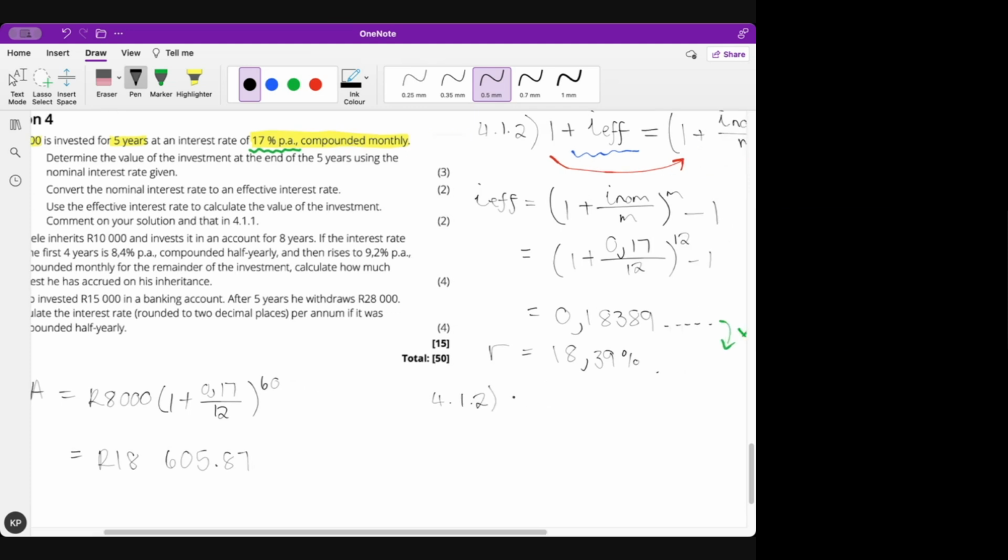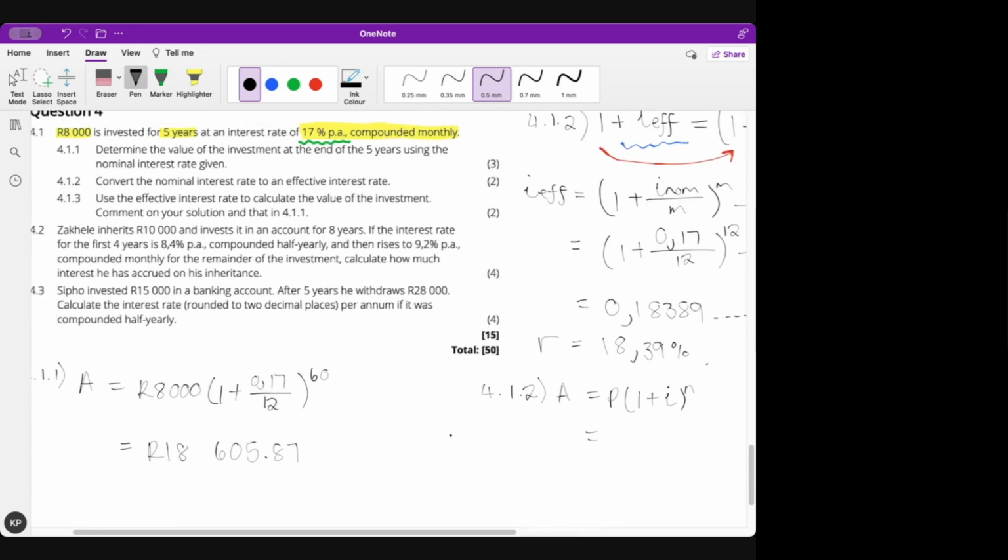4.1.2. So we're going to use our same formula. The only thing is we don't do the whole timesing and dividing. We use how many years it is. This is what I mean, right?